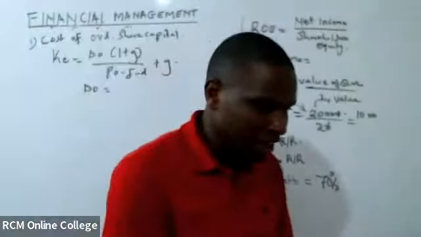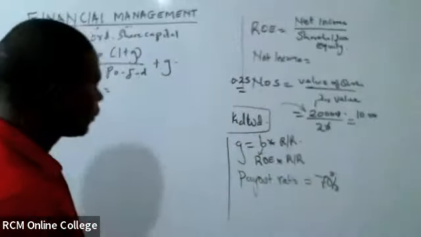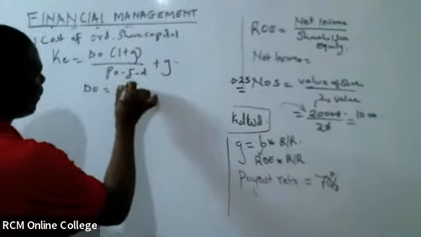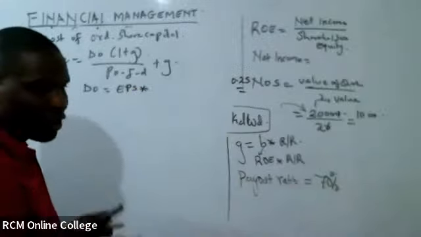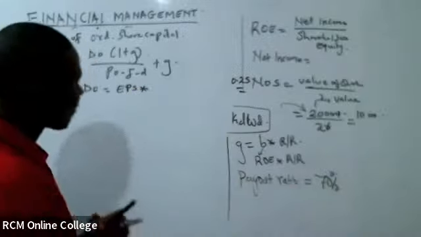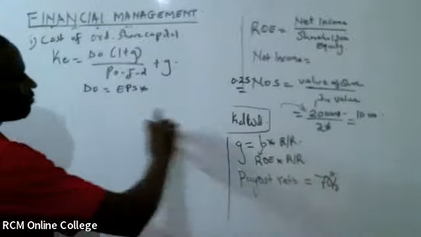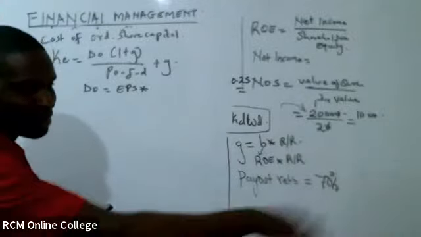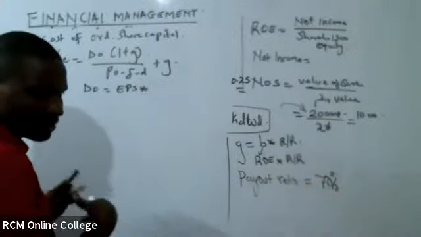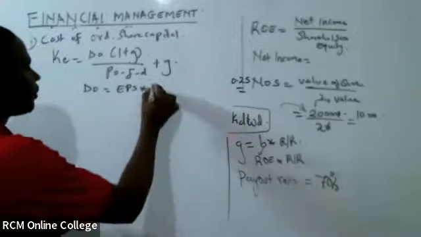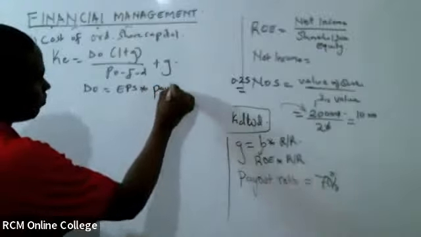Because you are correct, by the way, it is EPS. EPS times, is it times retention ratio or times payout ratio? Remember, we are looking at the current dividend paid. So it's payout ratio. Sasa si retention. Retention ndiyo tumebaki nayo. So it's a payout ratio.